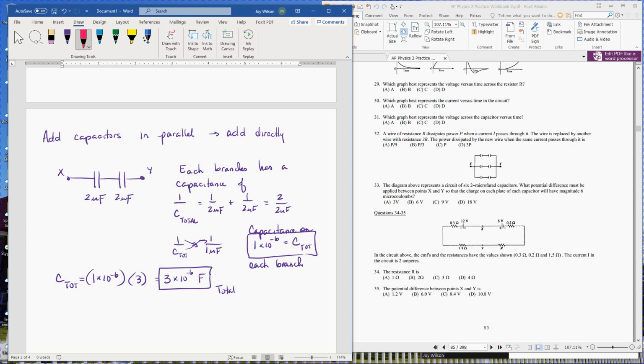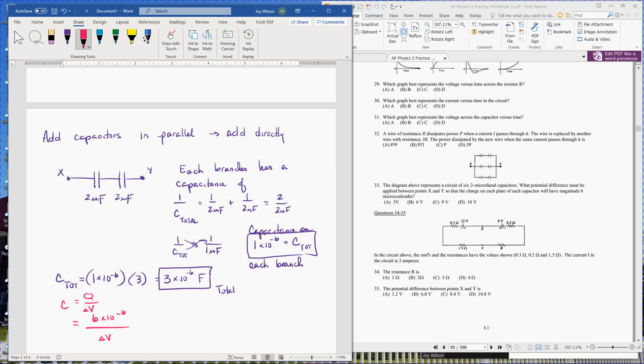Because what they asked me was what is the voltage. So capacitance equals charge over voltage. So what voltage do I need to have so that my capacitance, I want each capacitor to have 6 microcoulombs of charge. So 6 times 10 to the negative 6th. And I've got delta V over here.